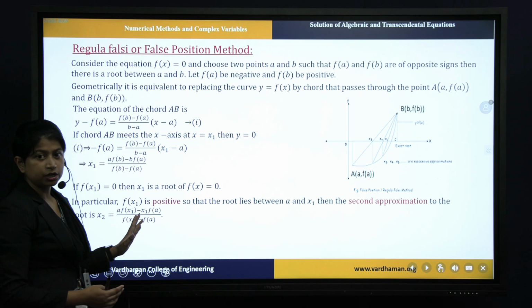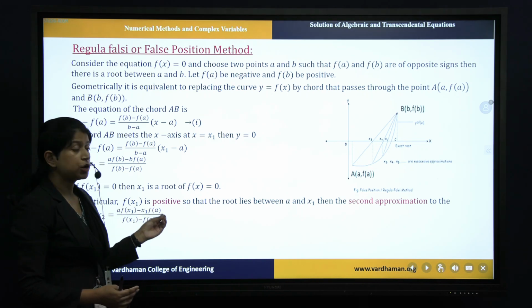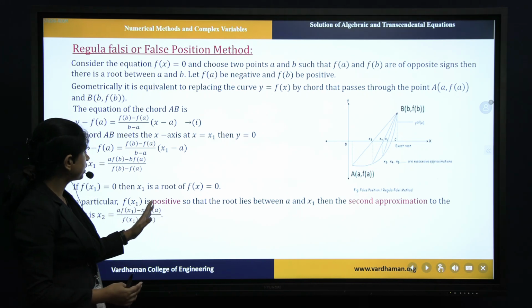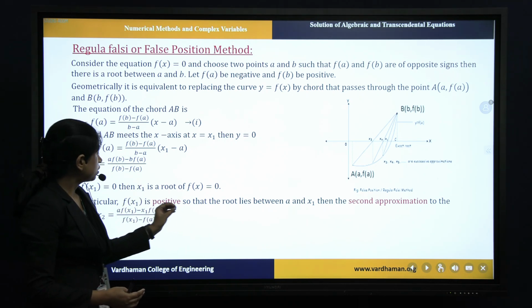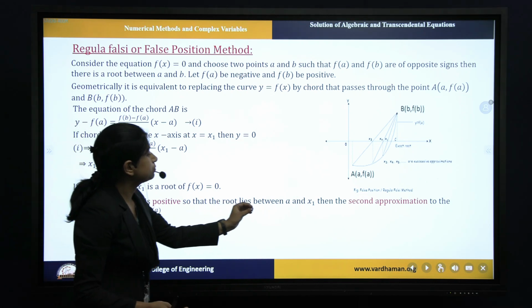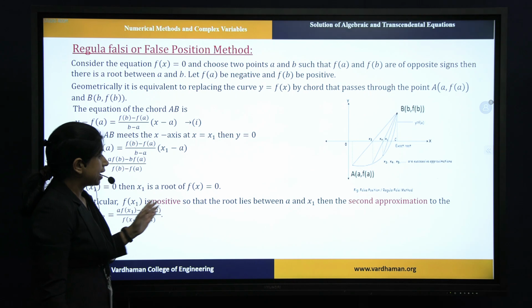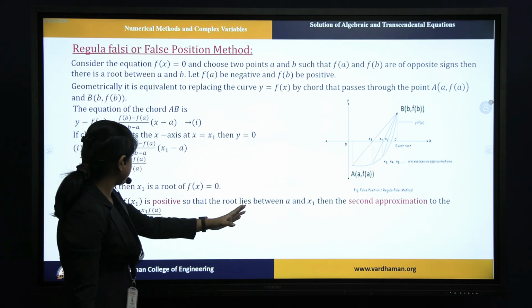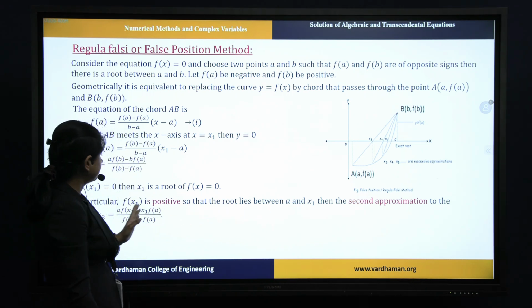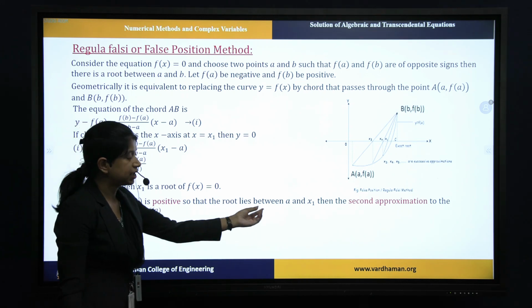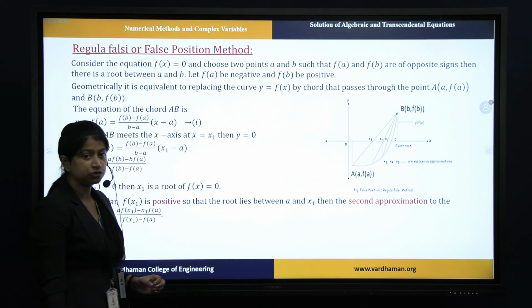In particular, we are taking f of x1 as not 0, but positive. If f of x1 is positive, the root lies between a and x1, because f of a is negative and f of x1 is positive. So the root will lie between a and x1 by the intermediate value theorem.